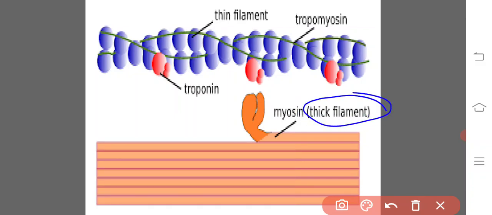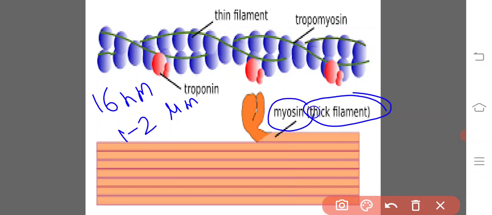Thick filaments are 16 nanometers in diameter and 1 to 2 micrometers long and are composed mostly of the protein called myosin, which functions as the motor protein in all types of muscles, including smooth muscle.